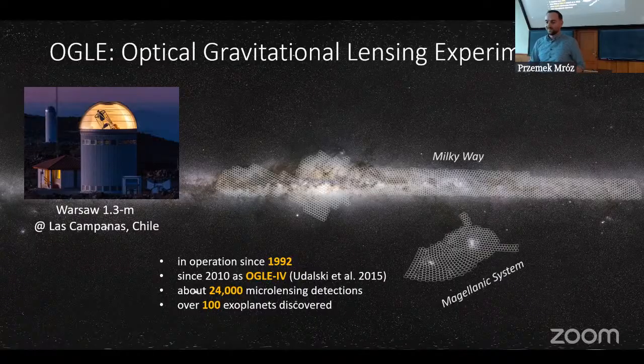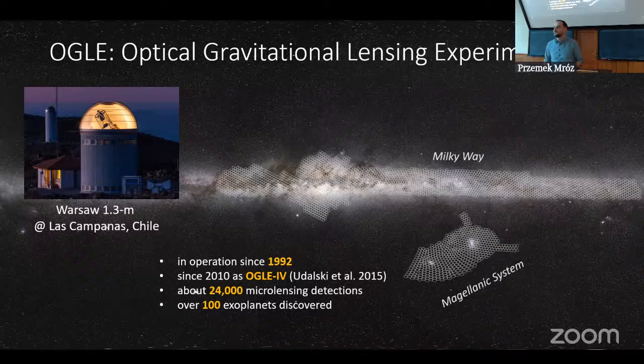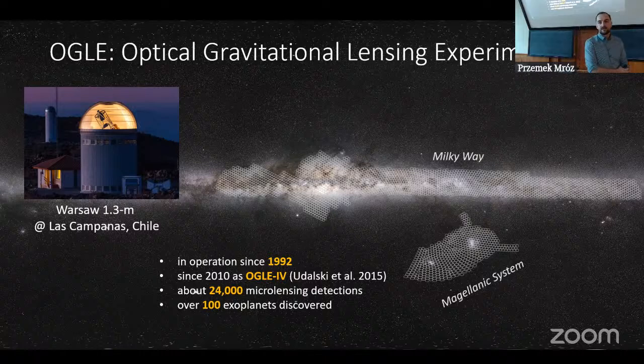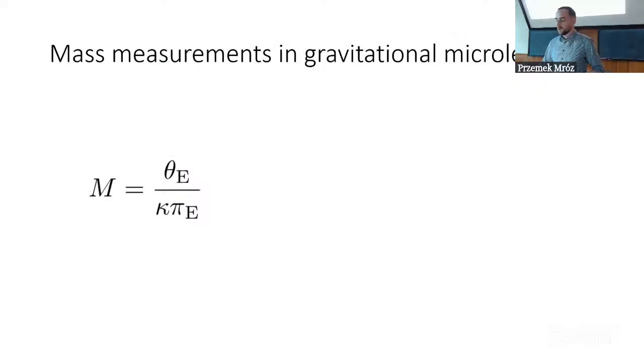Of course, you can say that some of them must have been caused by black holes, and that is true because we estimate that roughly 1% of all microlensing events should be caused by black holes. However, we have only one confirmed candidate, one confirmed black hole for microlensing.